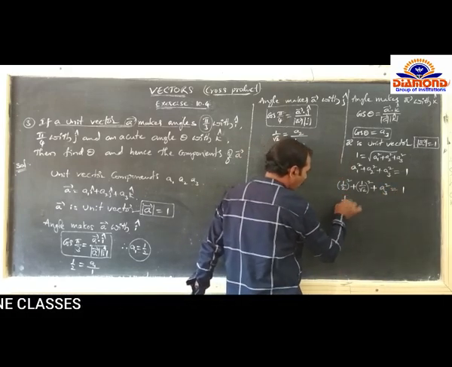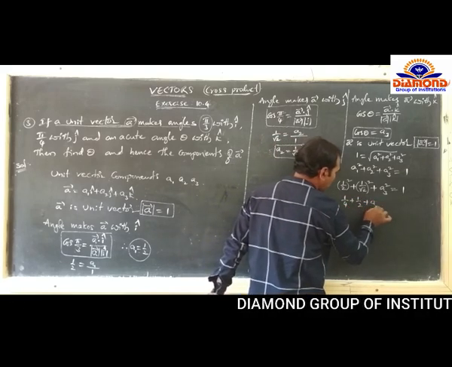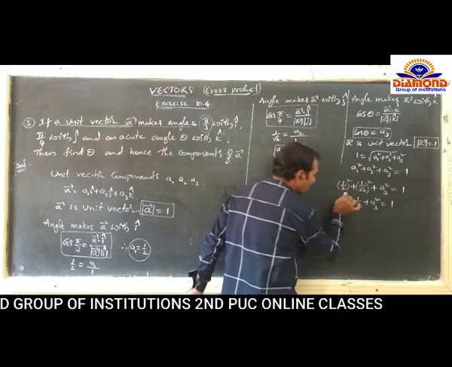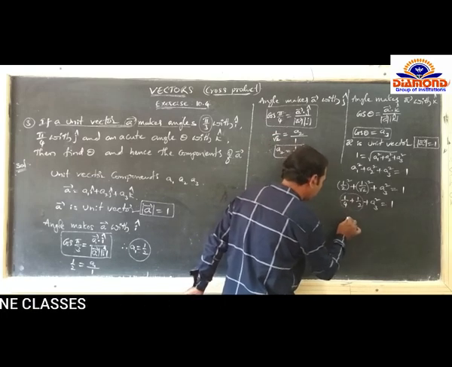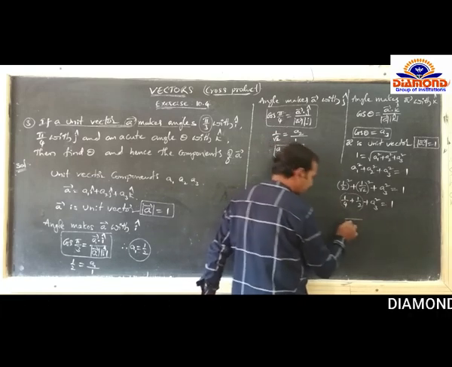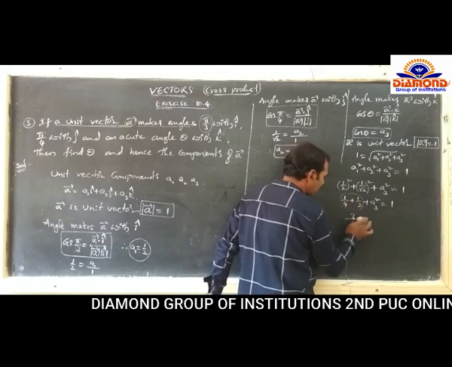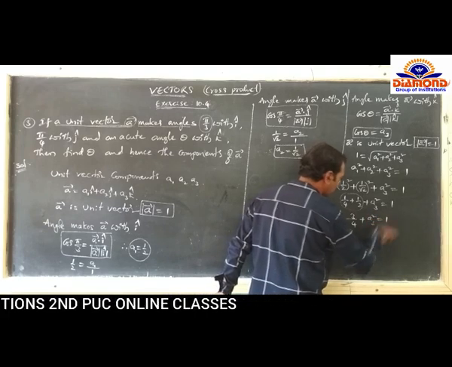So 1 by 4 plus 1 by 2 plus a3 square equals 1. Taking the LCM, 1 by 4 plus 2 by 4, that is 3 by 4, plus a3 square equals 1.